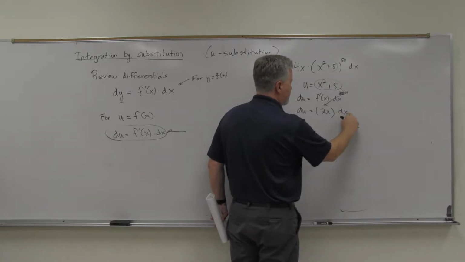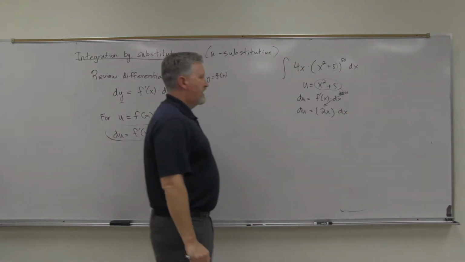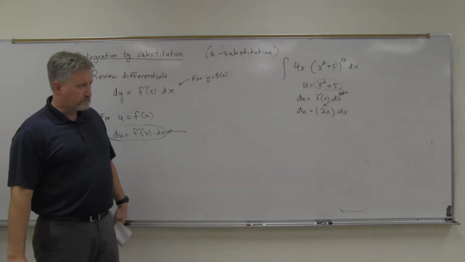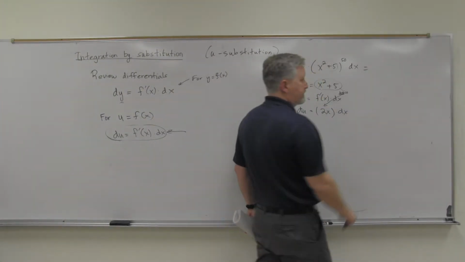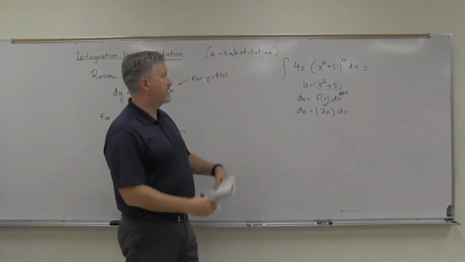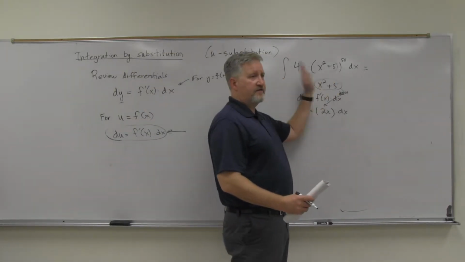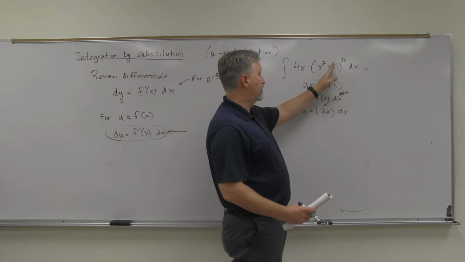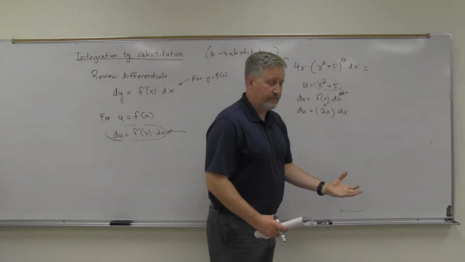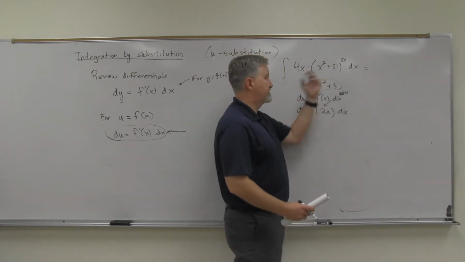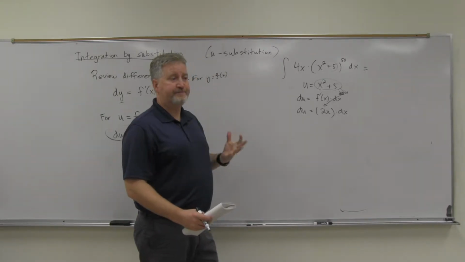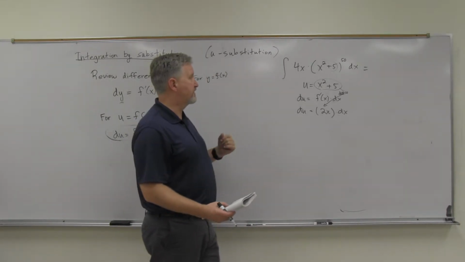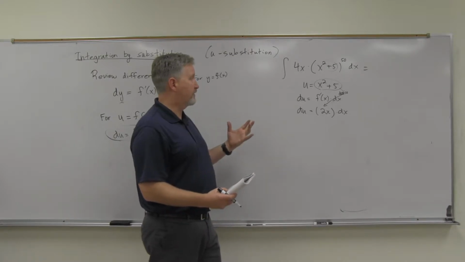So du is 2x times dx. Now, the goal when we do this U-substitution is I want to change everything in my integral over into, instead of in terms of x's, make it in terms of u's. Well, here's the process. There's different ways you can think of it, but here's the process I go through.